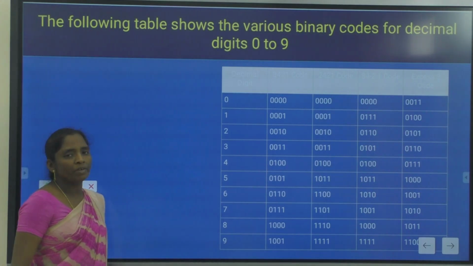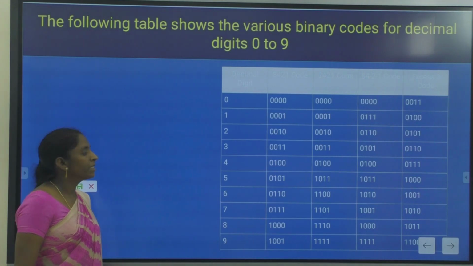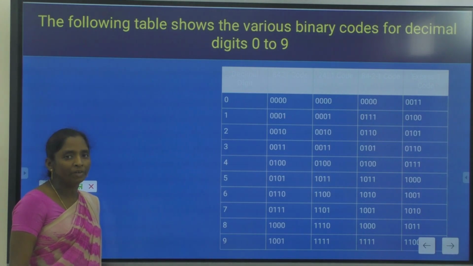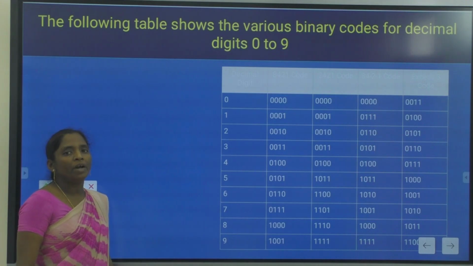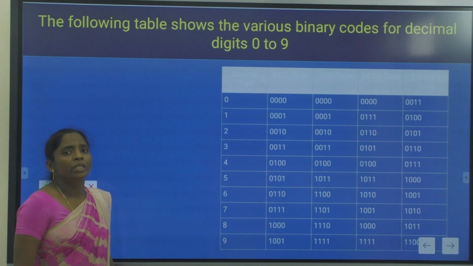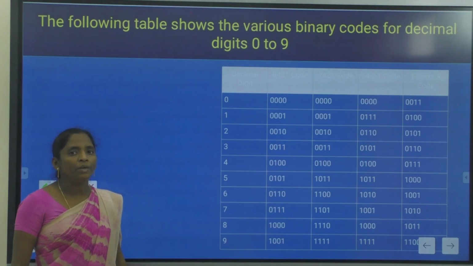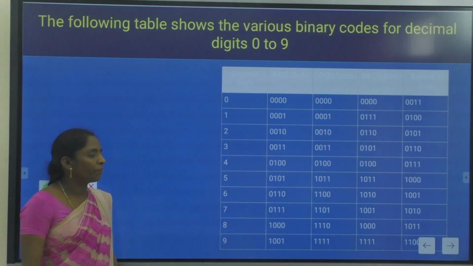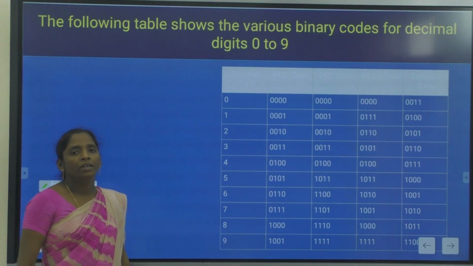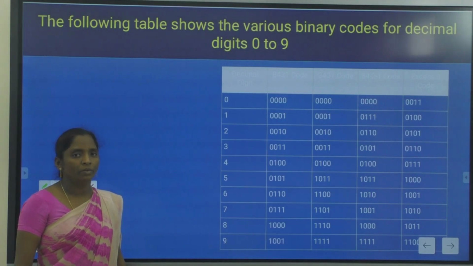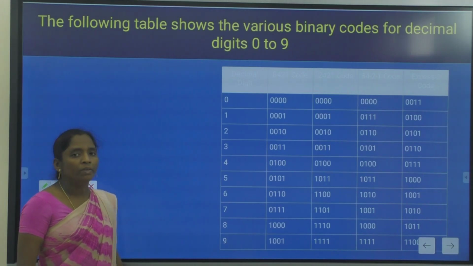Okay? In the previous example we have seen the sum is greater than 9 with carry 0. In that condition we are getting an invalid BCD number. To get the valid BCD number we add 6 to the result, then we get the valid BCD number. Another one is the third condition, the sum is less than 9 with carry 1.